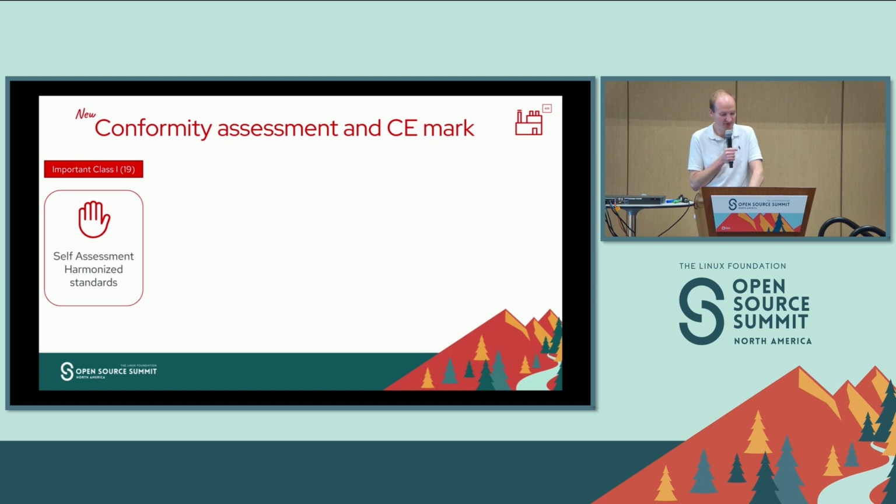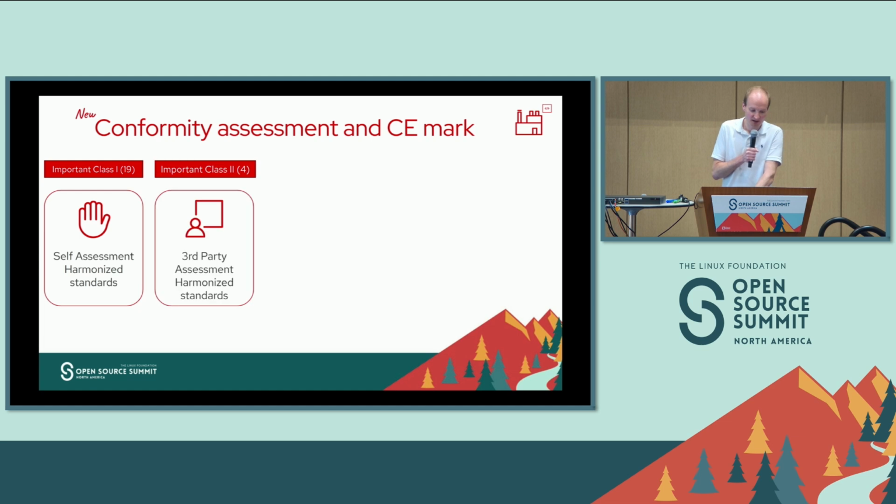For important class 1 products, self-assessment is going to be allowed, following harmonized standards. Bear with me, I will explain what harmonized standards means. For important class 2 products, they would require third-party assessments, again following harmonized standards. That means you can't do it on your own, so you need to hire somebody externally approved for this kind of work to do this assessment for you.